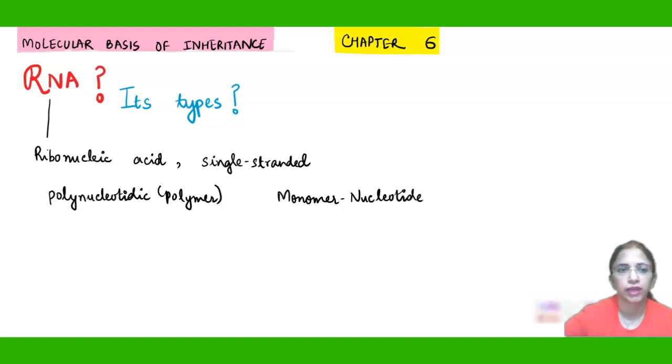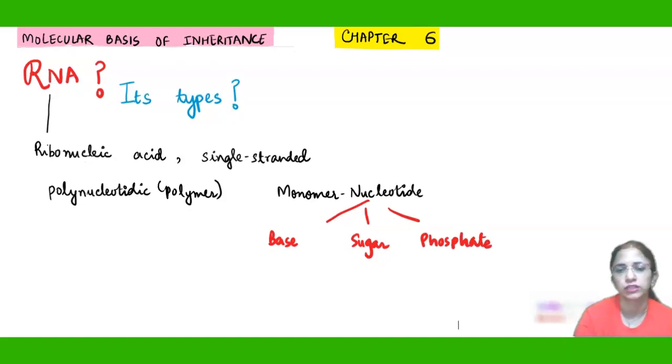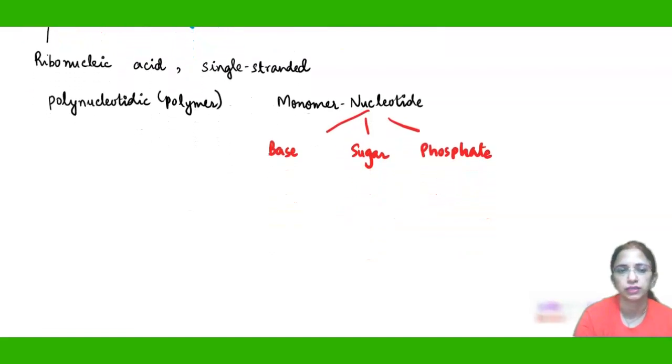A nucleotide is formed by the combination of base, sugar and phosphate. We have already studied this in DNA also. Here also these three components will be there.